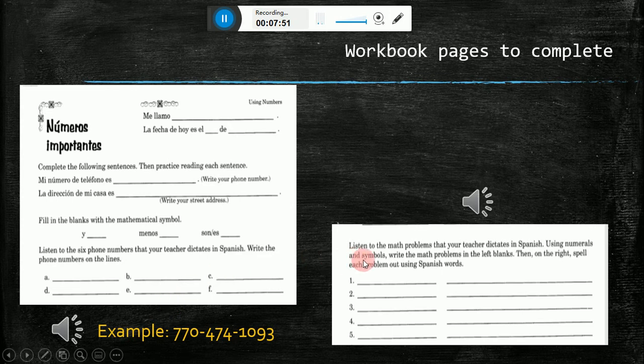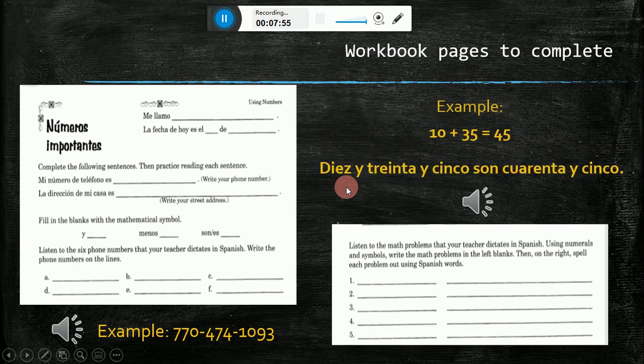Okay, so now the bottom of your worksheet is this part down here. And what you'll do is on the first set of blanks, you will write the word problem, using the numbers like this. Okay, so 10 plus 35 equals 45. Then on the right-hand side, you will practice writing out the numbers and the equation in Spanish.